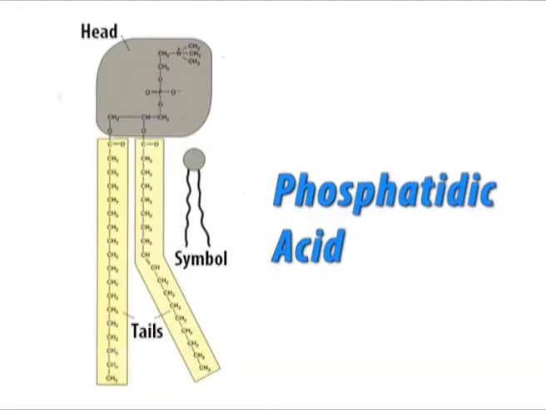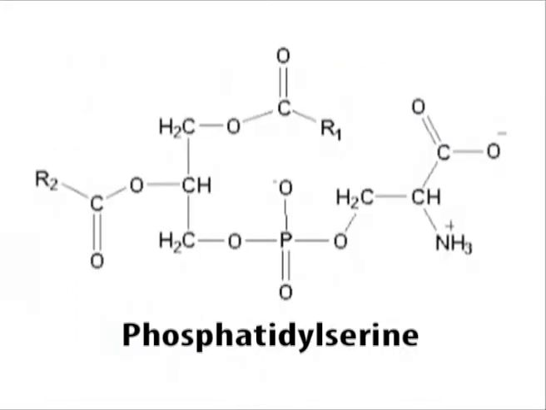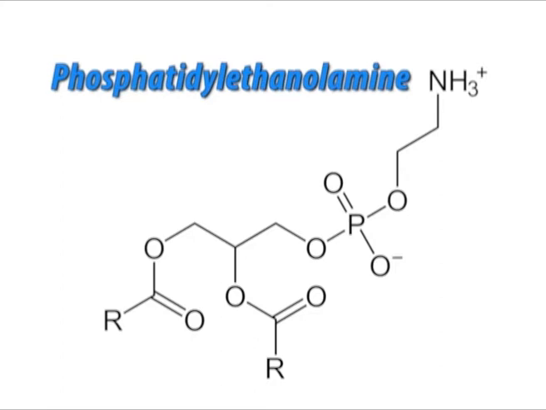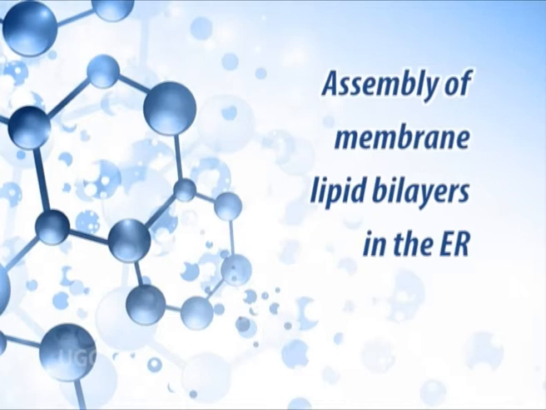Fatty acids are first transferred from coenzyme A carriers to glycerol 3 phosphate by a membrane bound enzyme, and the resulting phospholipid, phosphatidic acid, is inserted into the membrane. Enzymes on the cytosolic face of the ER membrane then catalyze the addition of different polar head groups, resulting in formation of phosphatidylcholine, phosphatidylserine, phosphatidylethanolamine or phosphatidylinositol.